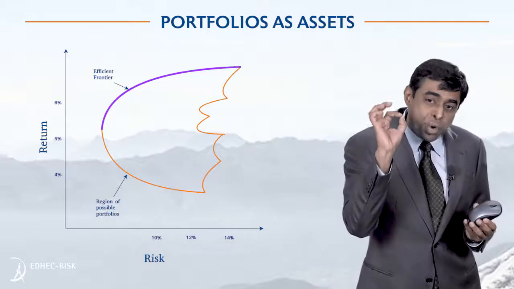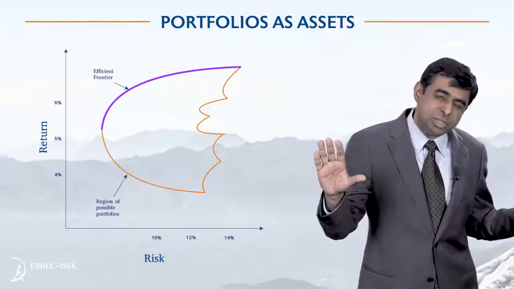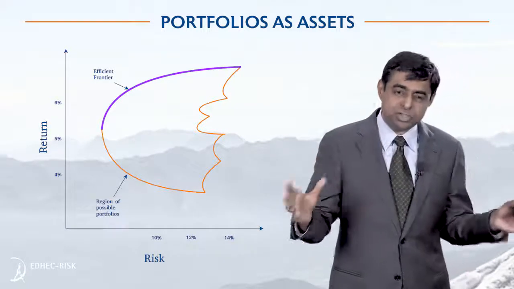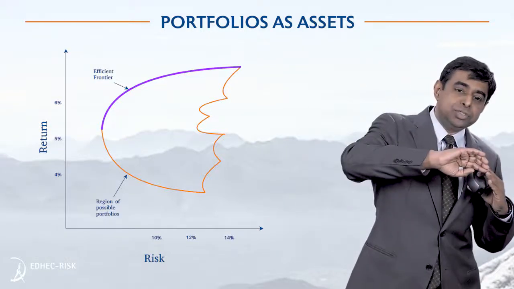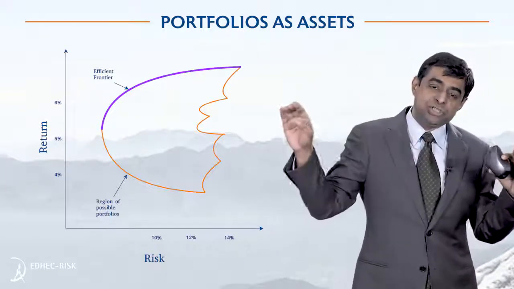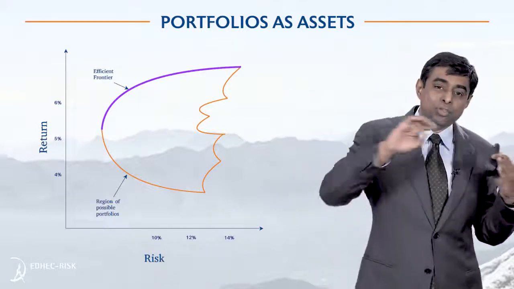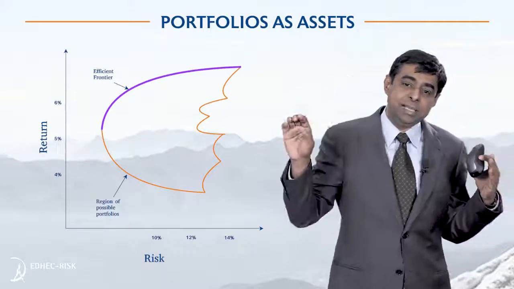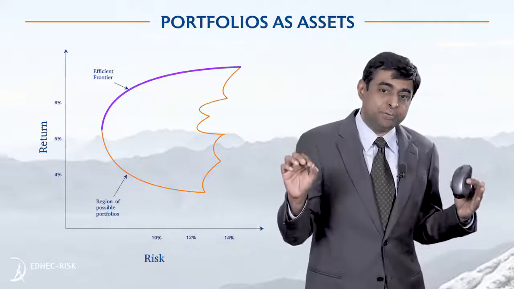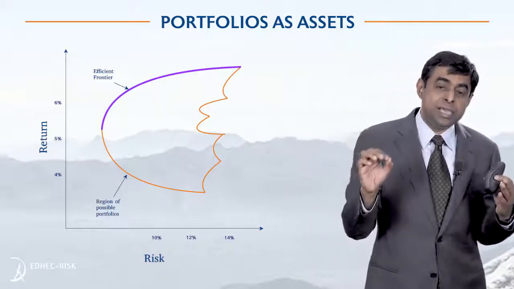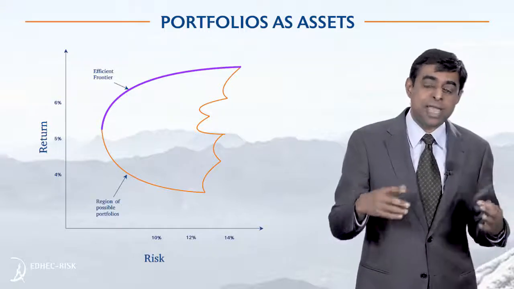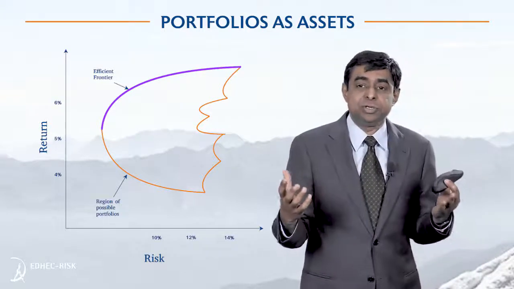The only ones that are of interest to a rational investor are the ones sitting on that edge, sitting on the frontier. That edge, that line, is what we call the efficient frontier. The efficient frontier are the only portfolios that a mean variance investor should be interested in.